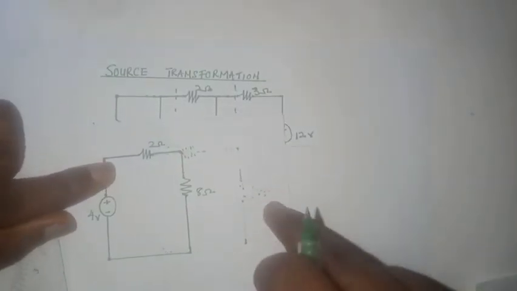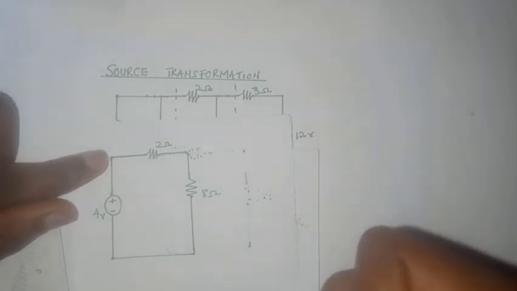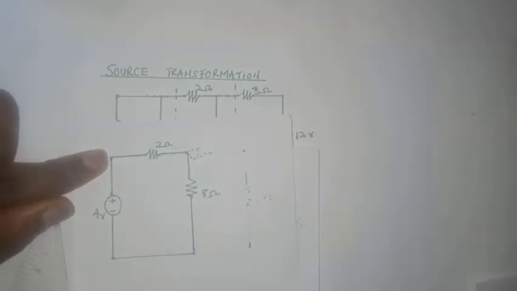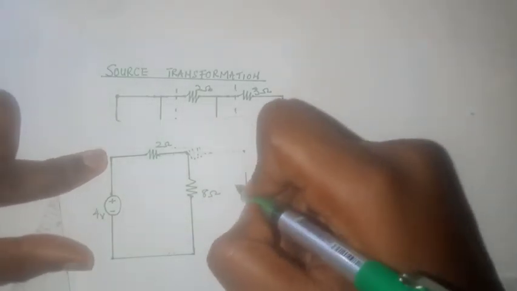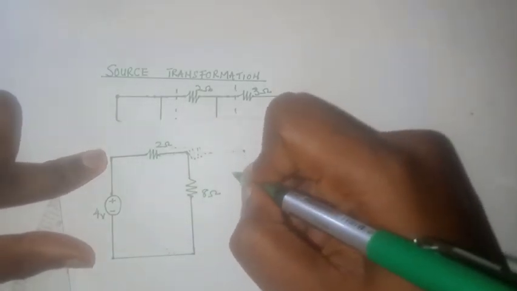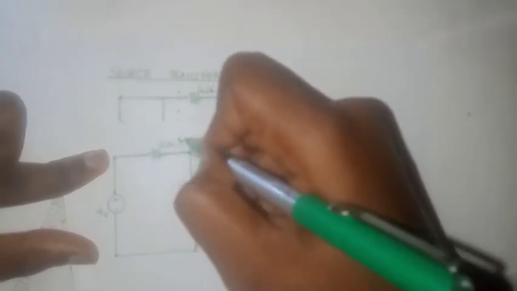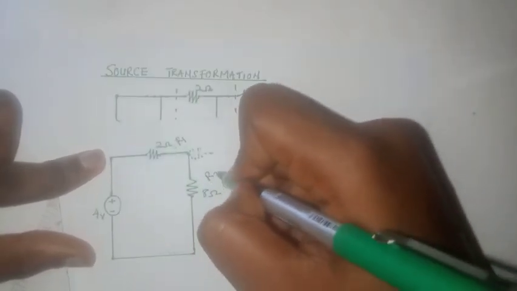And at this point, in order to find the voltage across the 8 ohm resistor, we can simply use a voltage divider. So say this resistor is R1 and this resistor is R2.